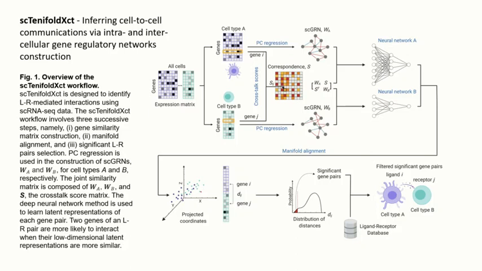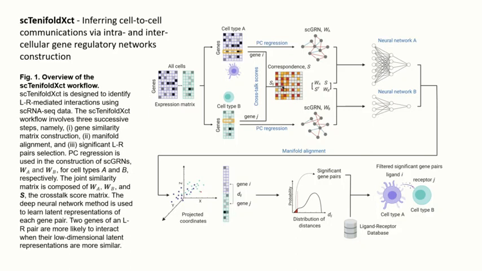So we have 1, 2, 3 matrices. One is this correspondence matrix, that's interaction score between cell type A and B. And then gene regulatory network from cell type A, gene regulatory network from cell type B.